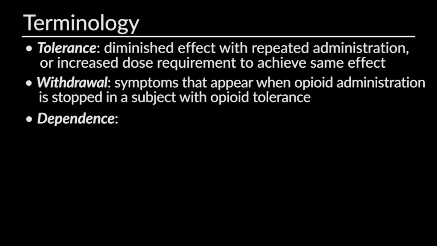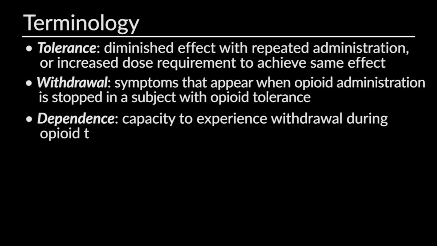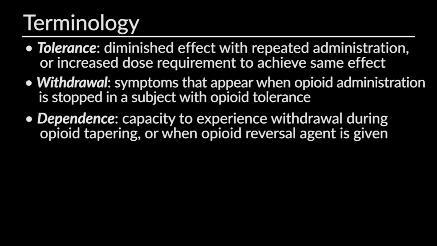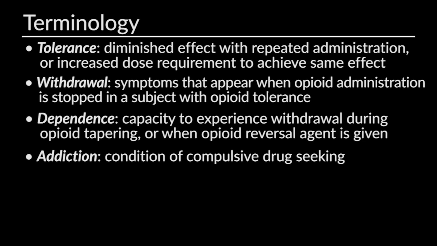The term dependence means the capacity to experience withdrawal when opioids are tapered or when an opioid reversal agent is given. The term addiction should be distinguished from either tolerance, withdrawal, or dependence. Addiction properly refers to a condition of compulsive drug seeking.